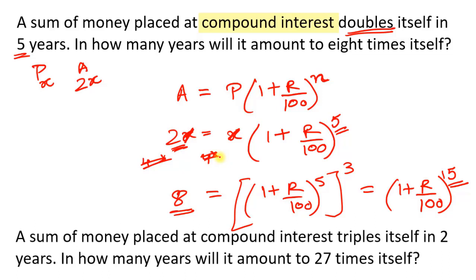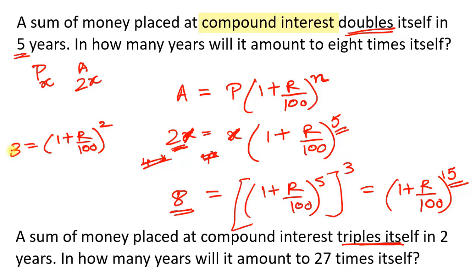Look at this question. Sum of money placed at compound interest triples itself in 2 years. I am skipping the x part. 3 would be equal to 1 plus r upon 100 whole raised to 2. In 2 years, the money is becoming 3 times. Now we have to make money 27 times.